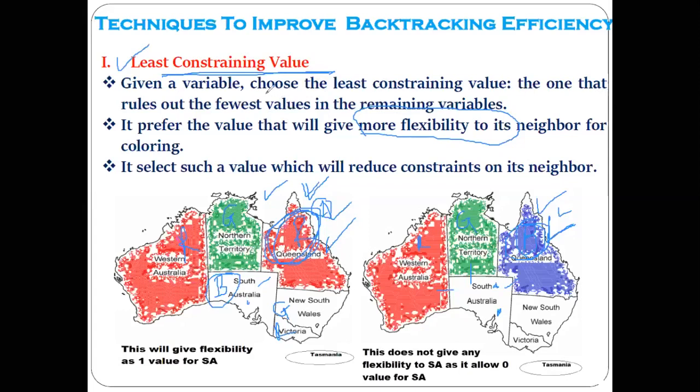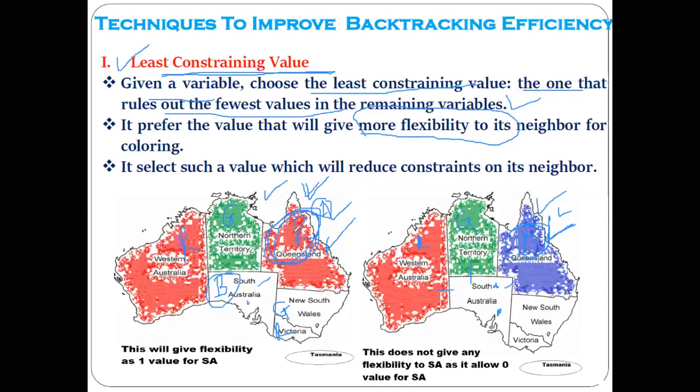Given certain variables, which here are these regions, these are our variables. Given a variable, choose the least constraining value, meaning the one particular value which rules out the fewest values in the remaining variables.